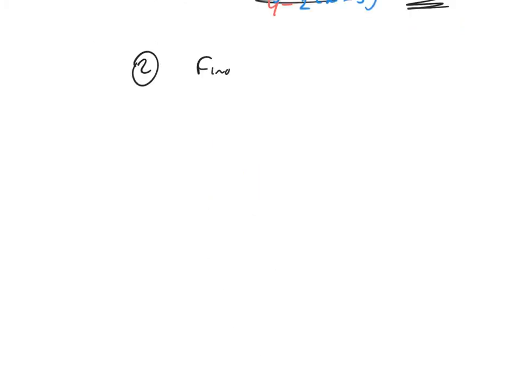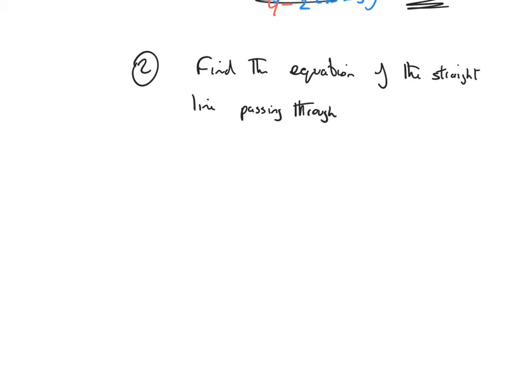Okay, next question. We're going to find the equation of the straight line passing through point P, which is (-2, 0), and the point Q, which is (1, 6). The first move is to find the gradient.